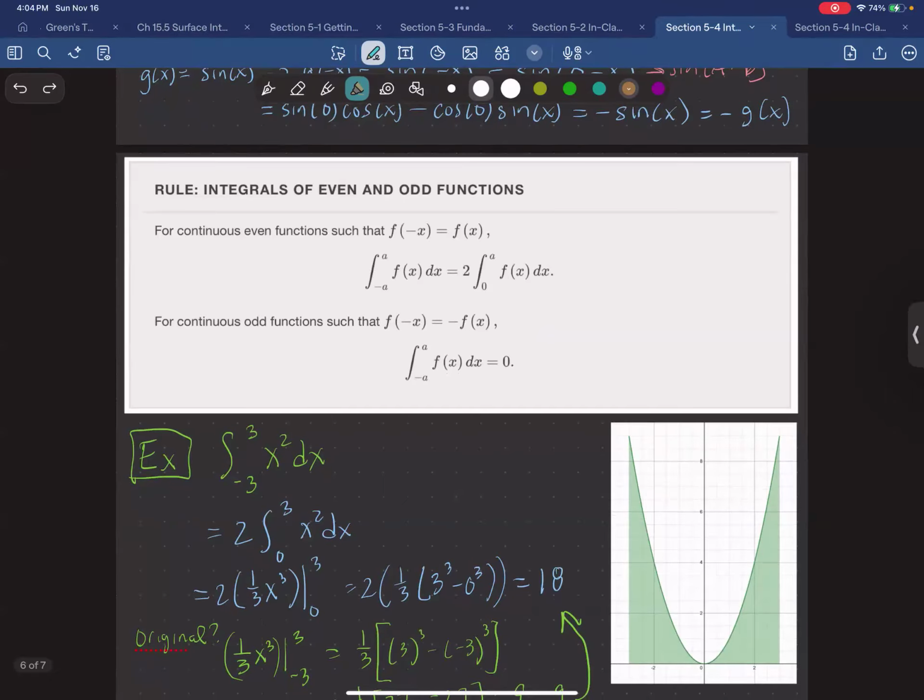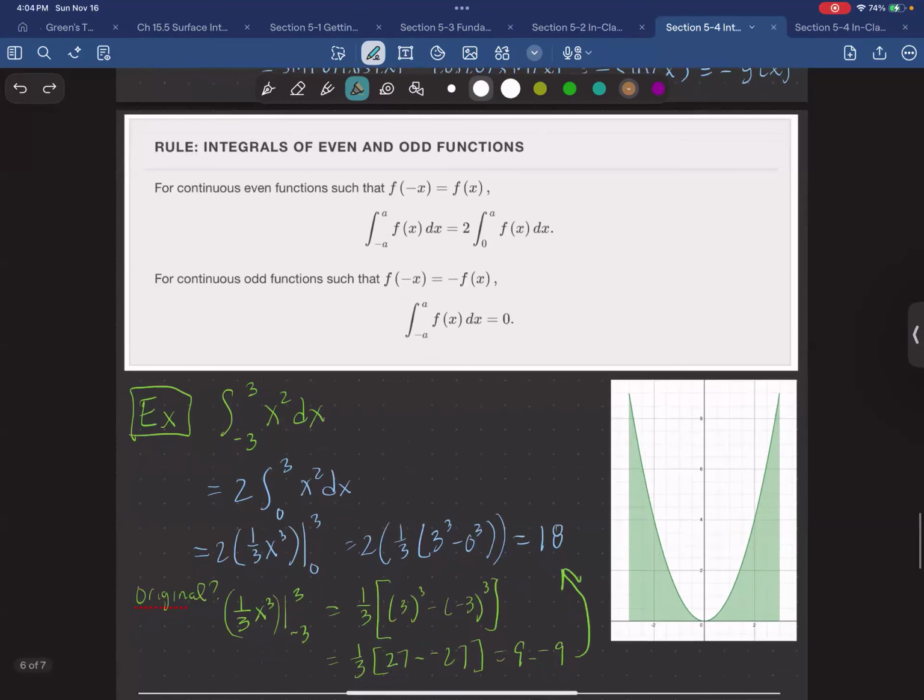What if we would have done it the other way? Just start with the original. When we integrate, still 1/3 x cubed, but now we're doing negative 3 to 3. We have 1/3 times 3 cubed minus negative 3 cubed, which is 1/3 times 27 minus negative 27. I just distributed because it's easier to see how it gets to 18 there. I loaded up a picture from Desmos to show you why.